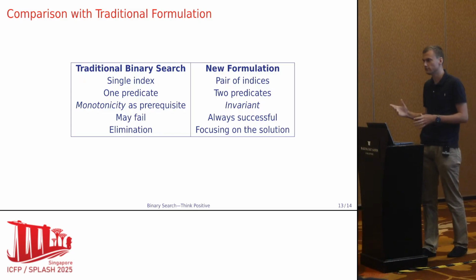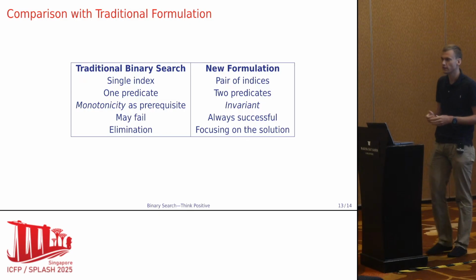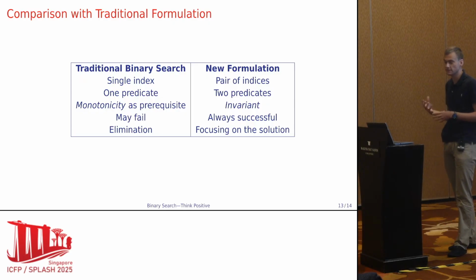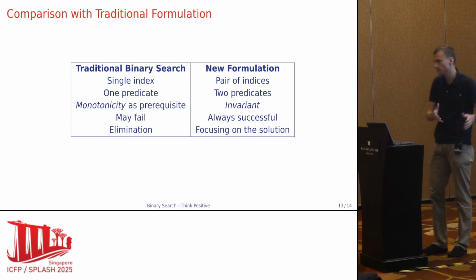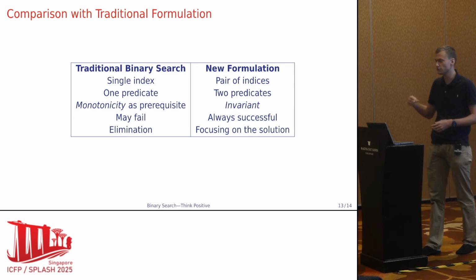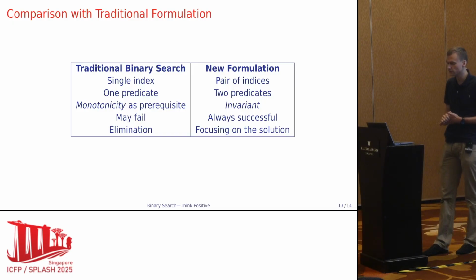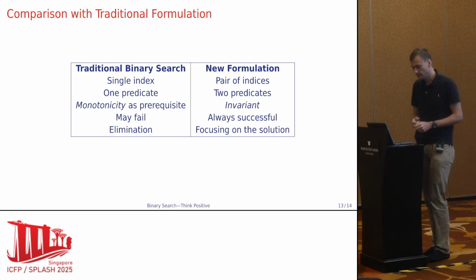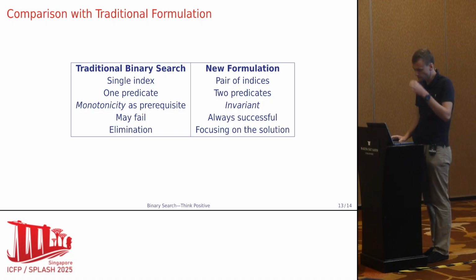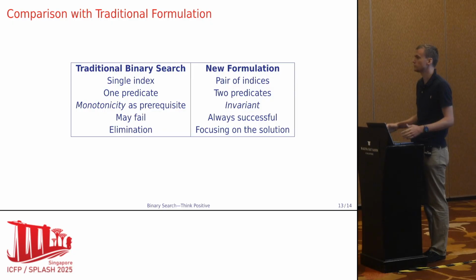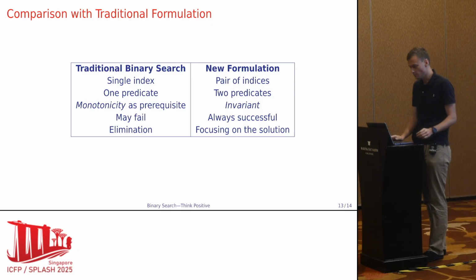And we don't eliminate. Monotonicity allows us to eliminate, but actually that's not the right way. You should think positively and focus on where you can find the solution. And therefore we are always successful in comparison to traditional binary search, which of course may fail.